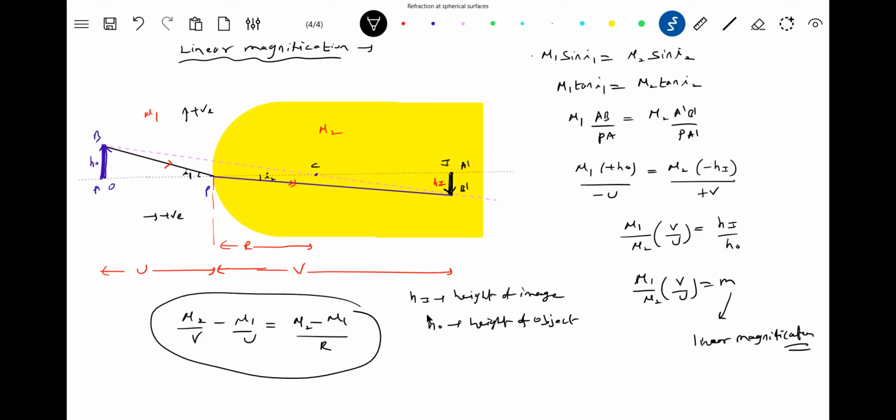What is the use of this formula? We can locate the position of the image. Using this magnification, we can predict the nature and the height of the image.